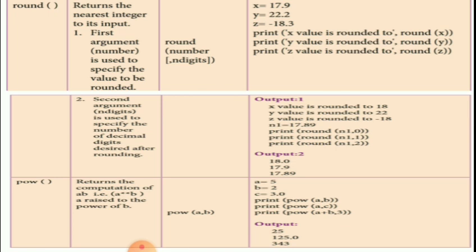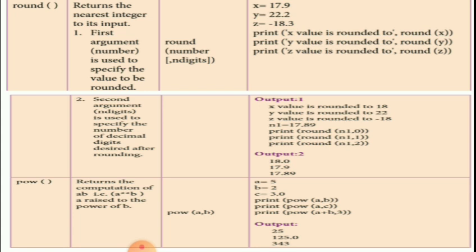The second one, we can give the number with precision digits. You can see in the second example, n1 is equal to minus 17.89. Here round n1 comma 0 means it rounds off the value to 18. The second one, print round n1 comma 1.